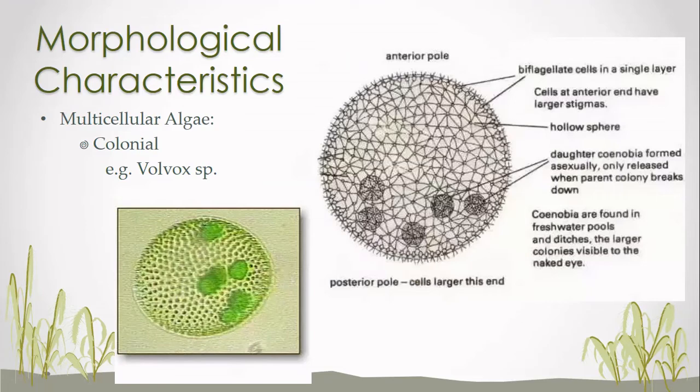Okay, so we have here the multicellular algae that forms, unicellular siya, forms into colonial. So we have a colonial type. We have the Volvox species.